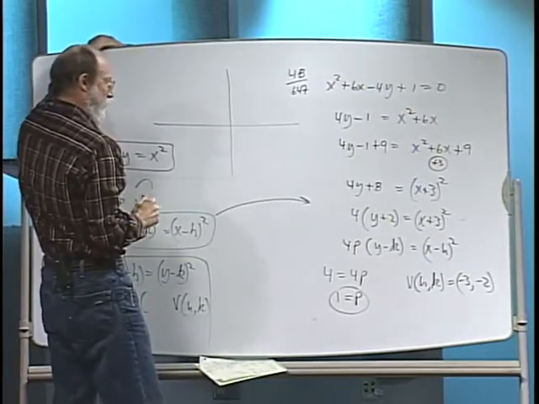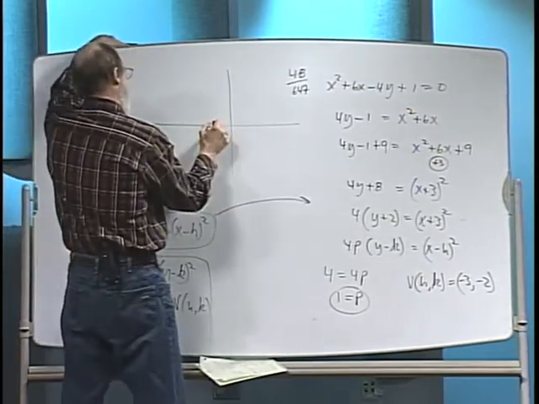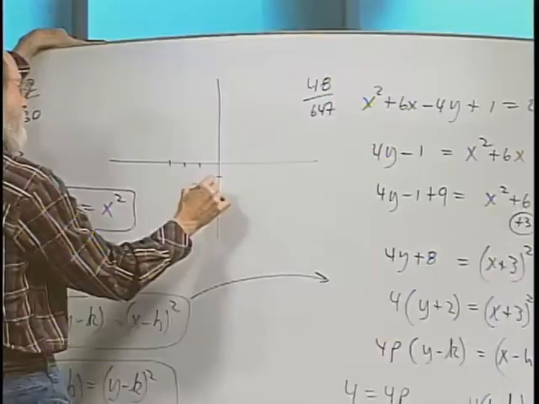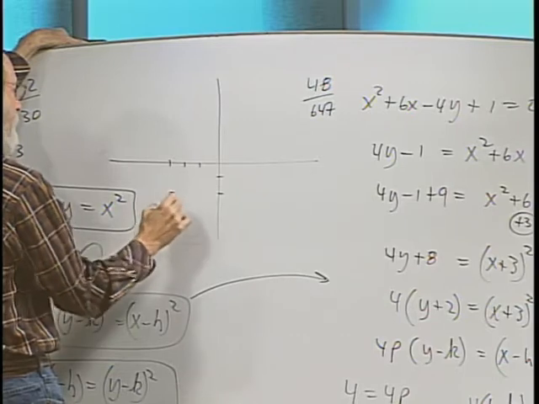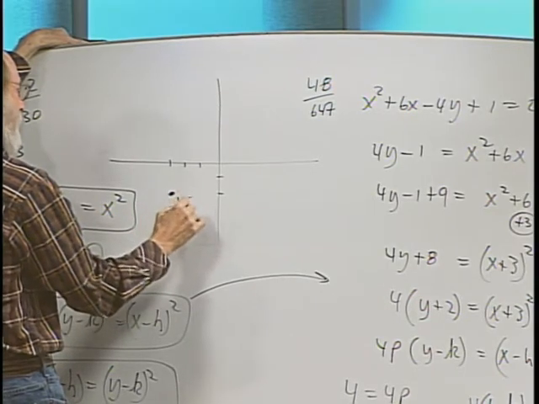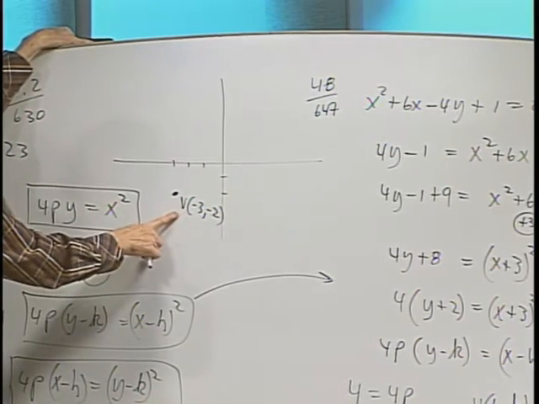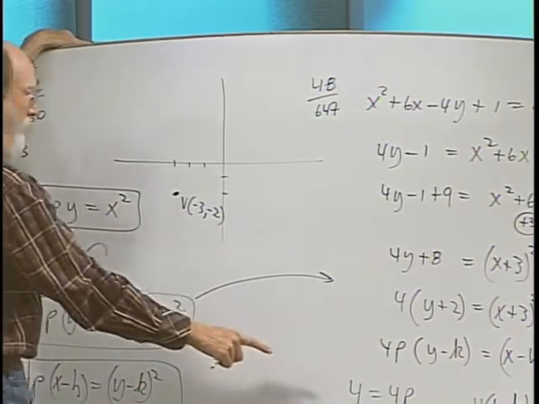So what we're going to do is go to the vertex location, -3, -2, right over here. There's our vertex at -3, -2. Always label it.